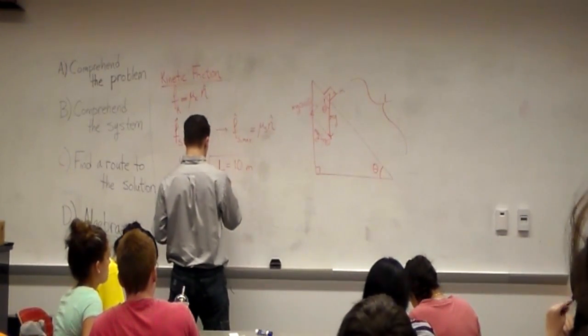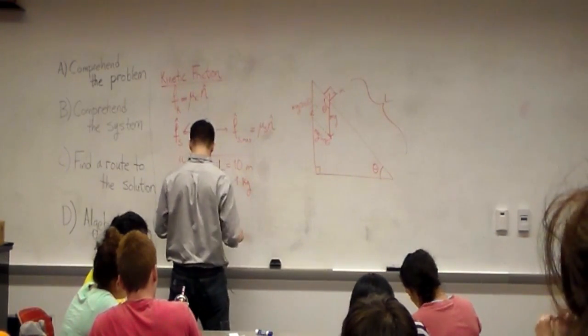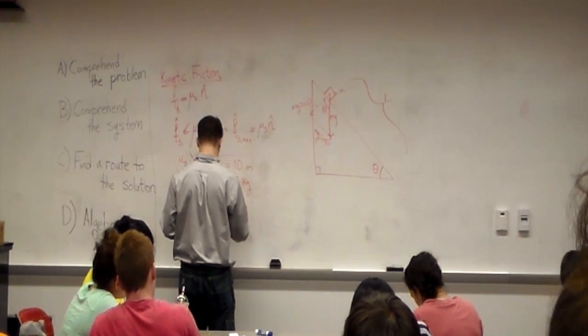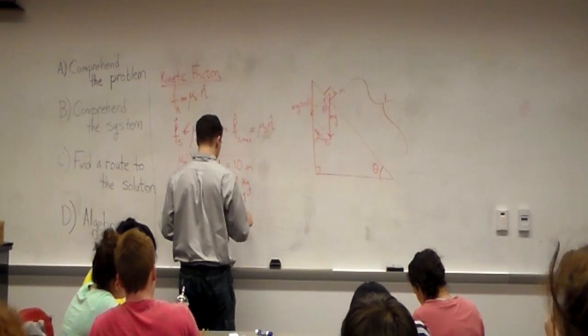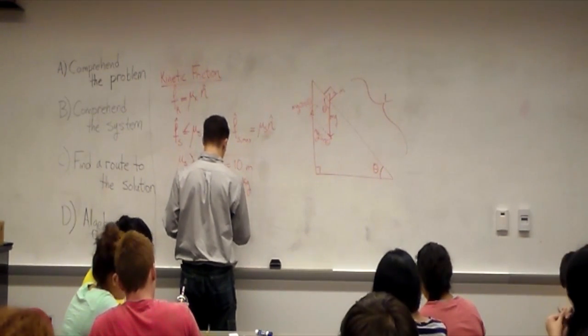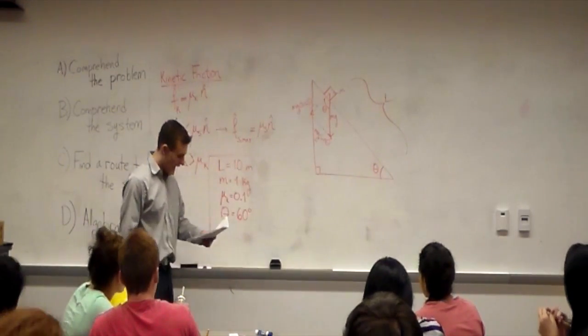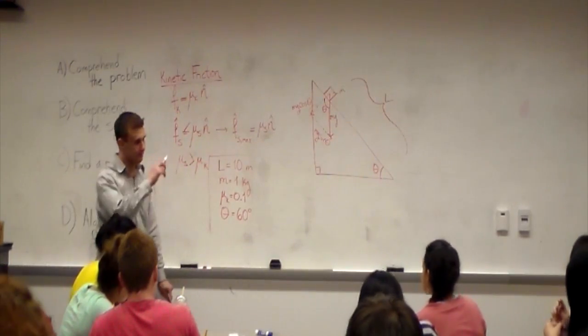The mass of the thing is 1 kilogram. The coefficient of kinetic friction is equal to 0.1, very smooth. And the inclination angle theta is equal to 60 degrees. My question for you is, how fast will this object be moving by the time it gets to the bottom?